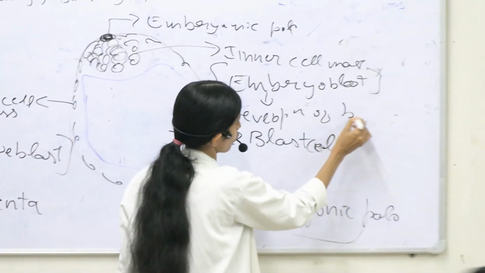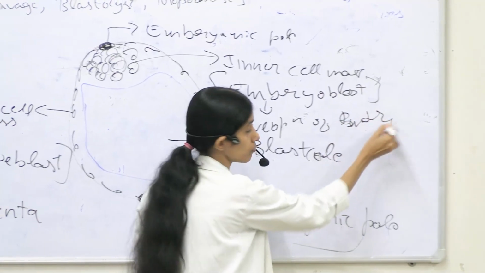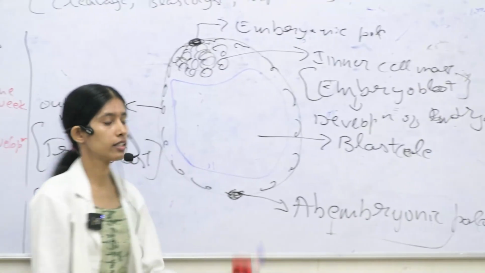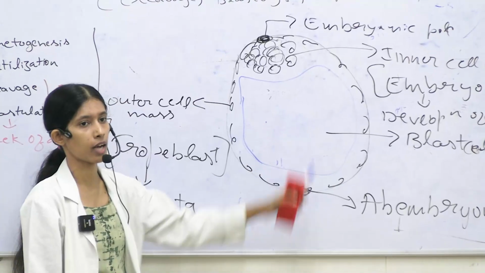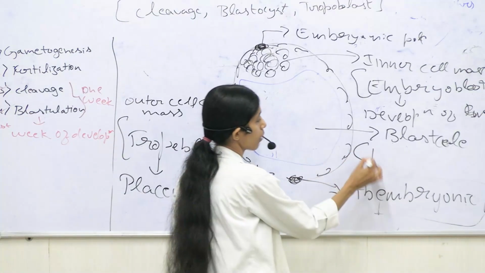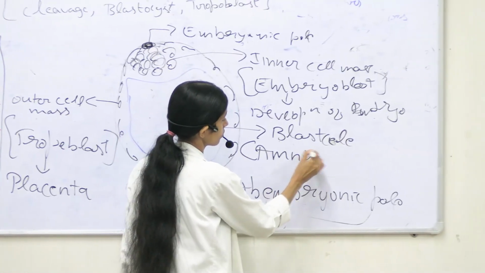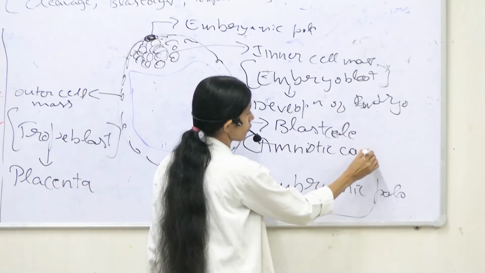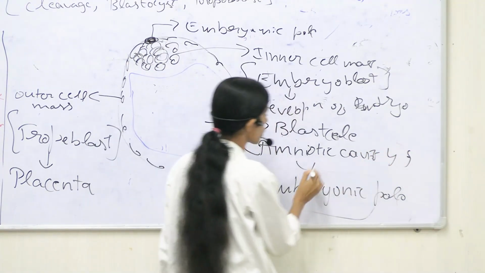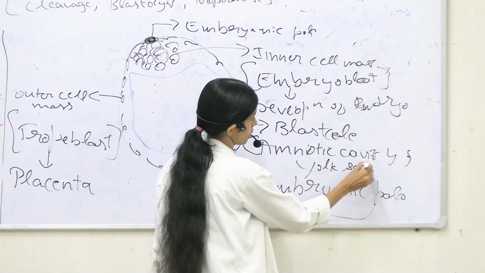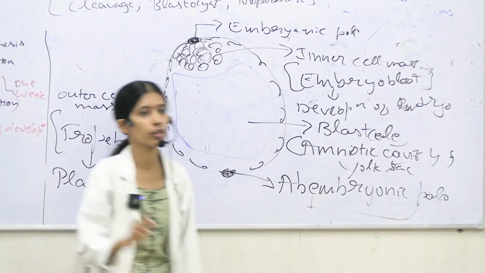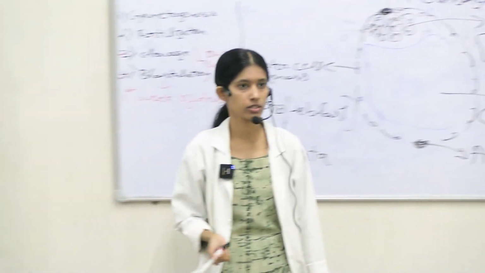That means development of the baby. Okay. Later the blastocele, this entire cavity, will develop into amniotic cavity and yolk sac. What are these structures? We are going to discuss in the future classes.